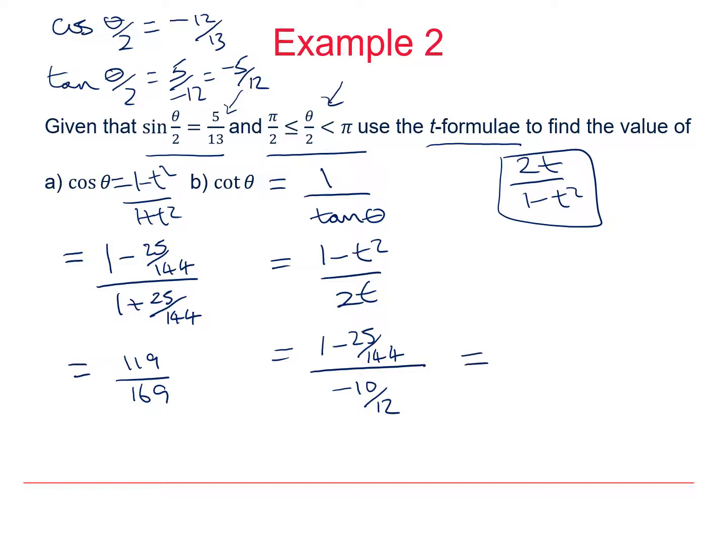Again, multiplying numerator and denominator by 144, we end up getting the same numerator as we had before, 119. And I end up multiplying the bottom by 144, so it's 10 times 12, and it's a negative, so it's 120. And of course, just to finish it off, we'll take the negative up to the numerator.